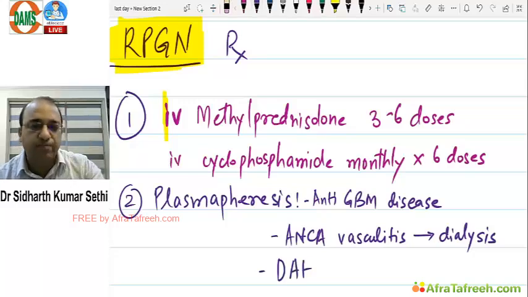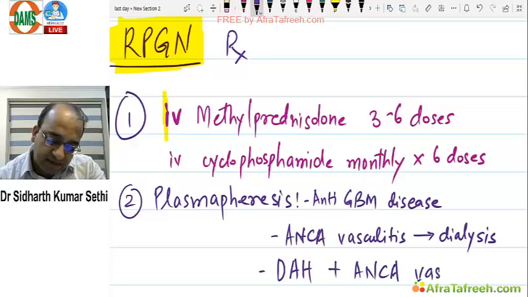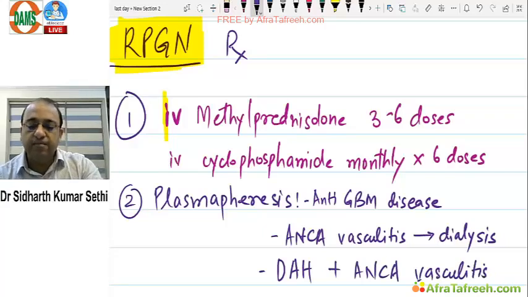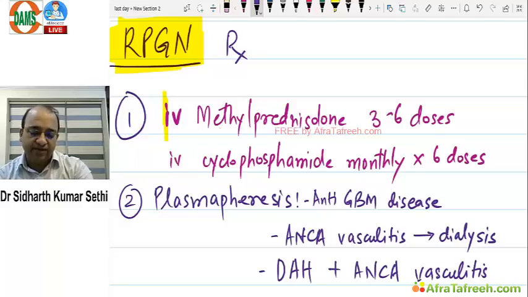Even if there is no kidney problem, diffuse alveolar hemorrhage in ANCA vasculitis is a class 1 indication for early institution of plasmapheresis. It is a definite indication.